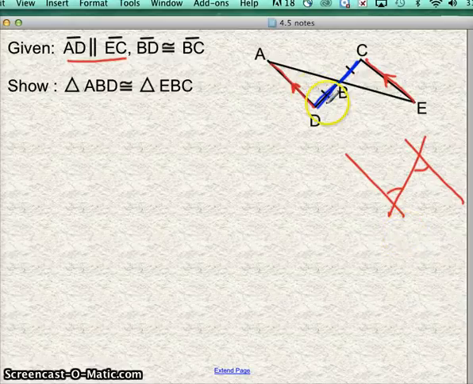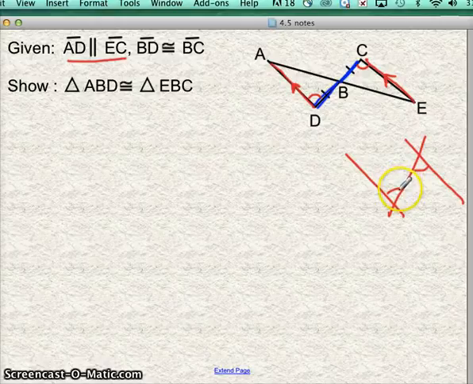Okay, well look at this picture. That angle and that angle are alternate interior angles, just like I drew on this picture. So they are congruent.